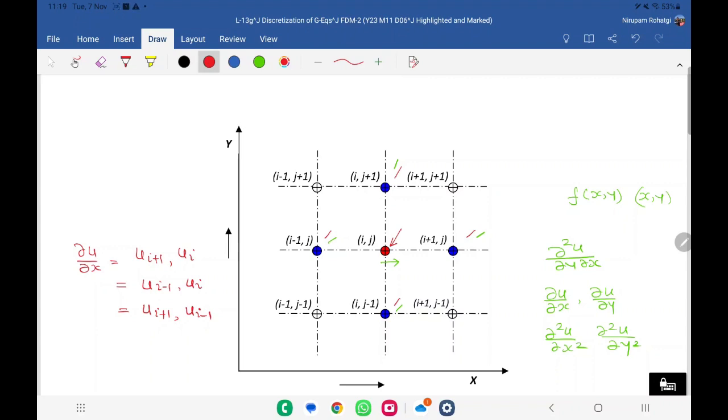And when you are talking about del square u by del x square, you are actually talking about u(i), u(i+1), u(i-1).